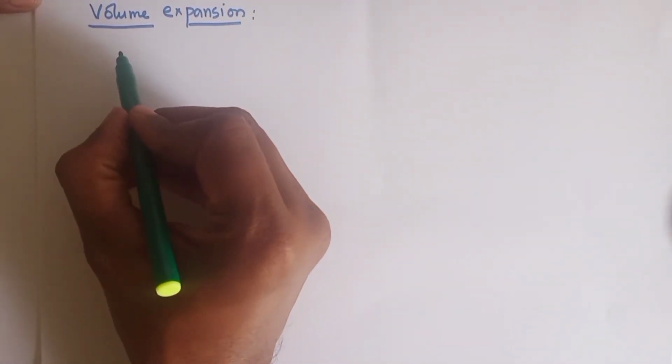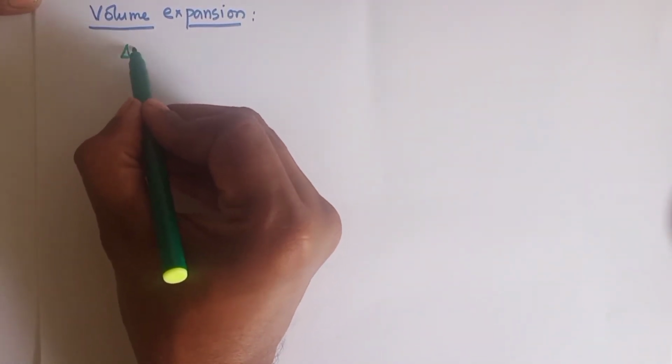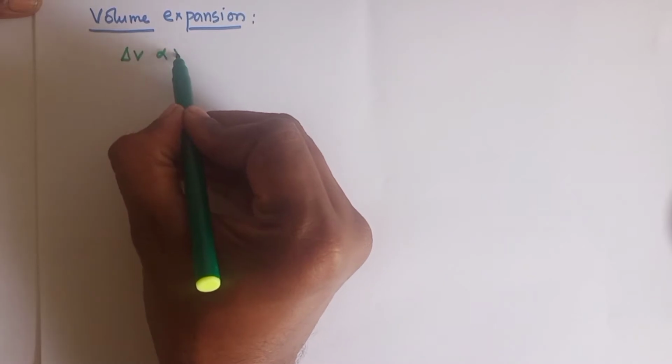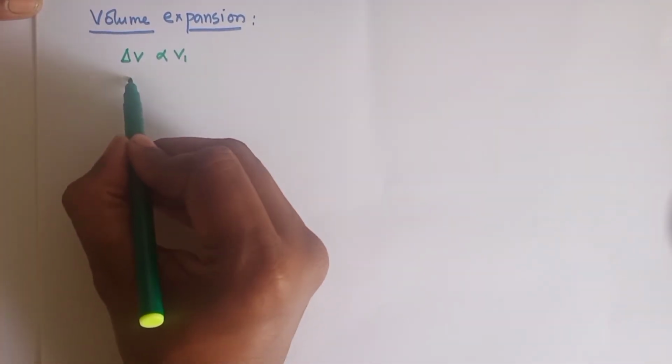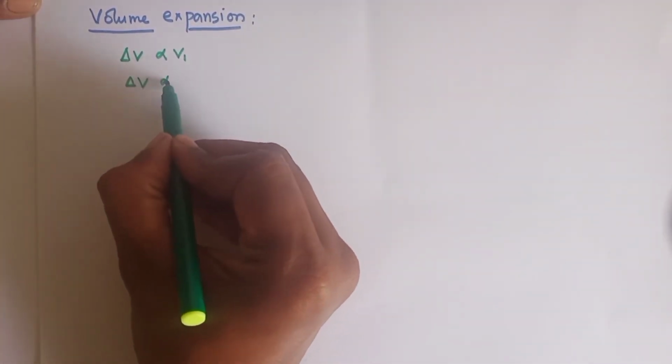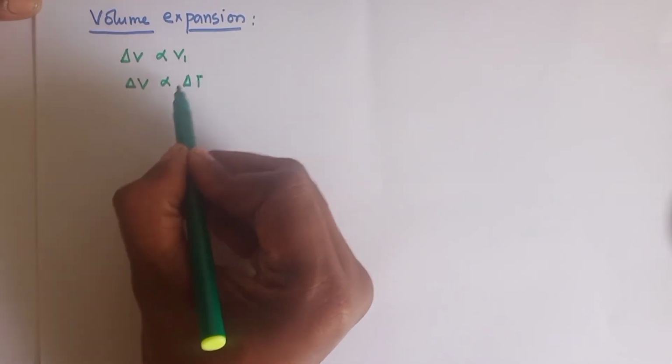Volume expansion. On heating, volume increases. The change in volume is directly proportional to V1, and also directly proportional to the change in temperature.